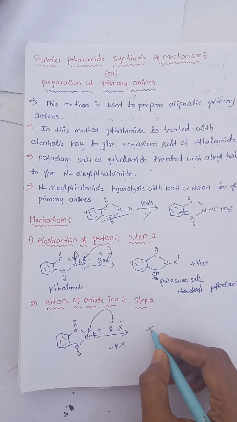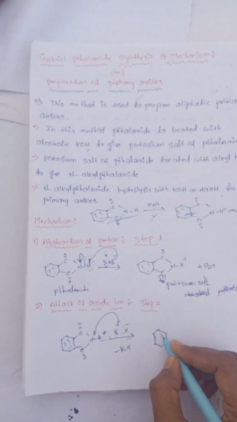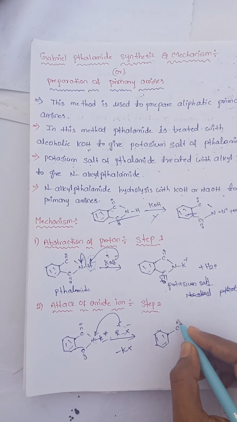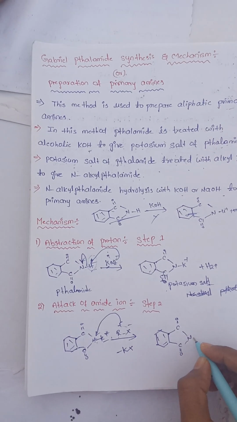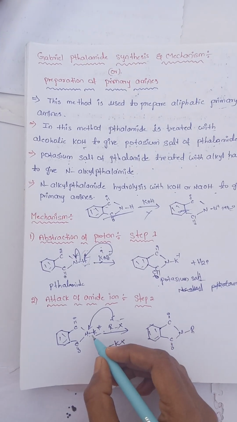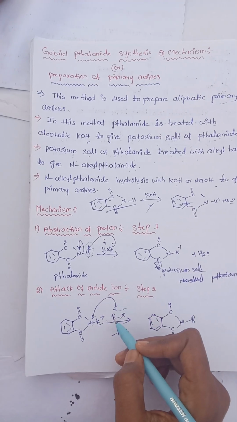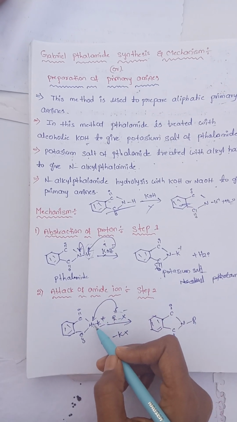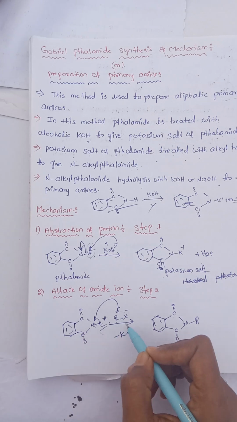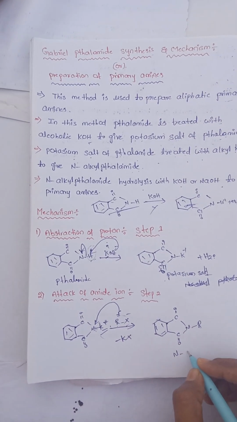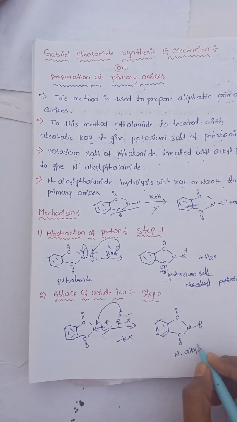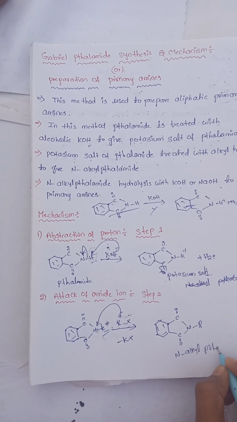The structure is C double bond O, C double bond O, and nitrogen bearing R. This is the structure of N-alkyl phthalimide.